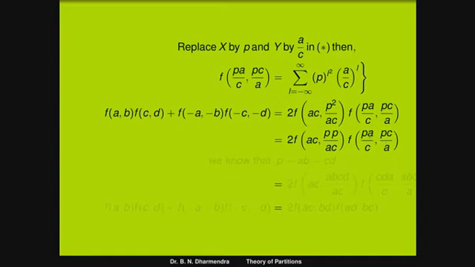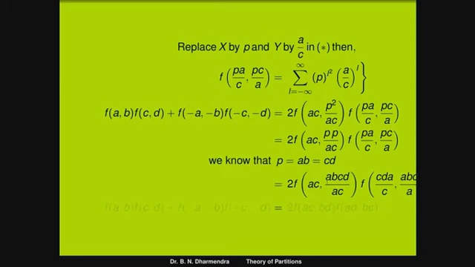In the first one we can replace p by cd, and here p by ab, because we have to cancel the denominator term. So we know that p is equal to ab is equal to cd, we just substitute, that is equal to 2 times f of ac comma ab into cd divided by ac.